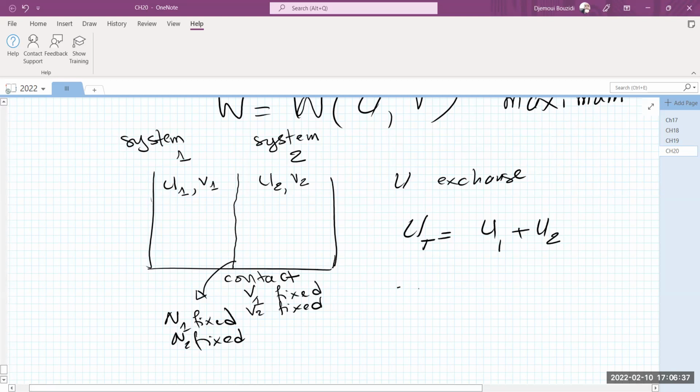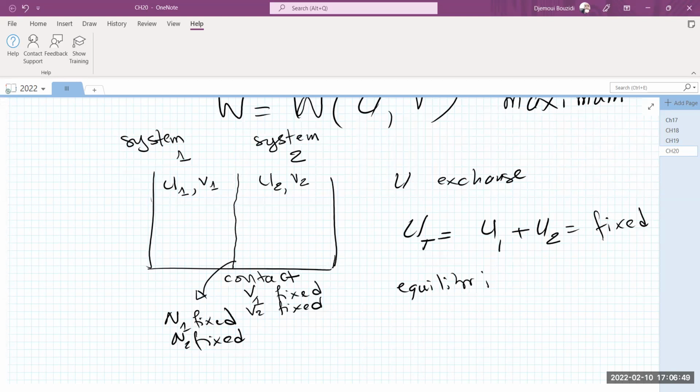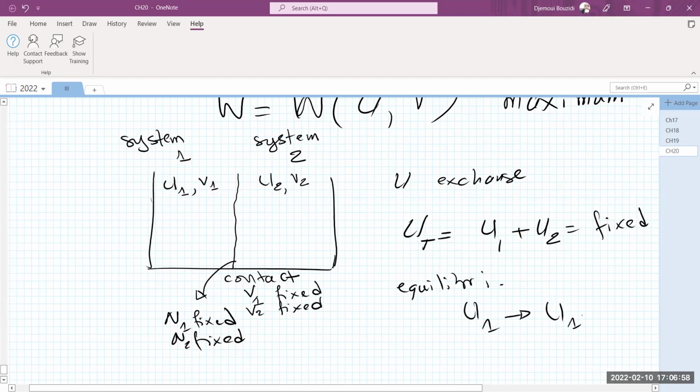At equilibrium, this is fixed. The sum is fixed, not each one is fixed. Each one can play whatever it wants to. There can be an exchange. One can gain more joules and the other one loses some joules, but at the end, their sum is fixed, okay? At equilibrium, U1 can go to a new value, U1 of equilibrium, and U2 can go to a new value, which is U2 of equilibrium.